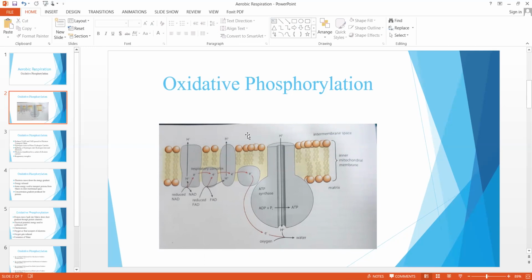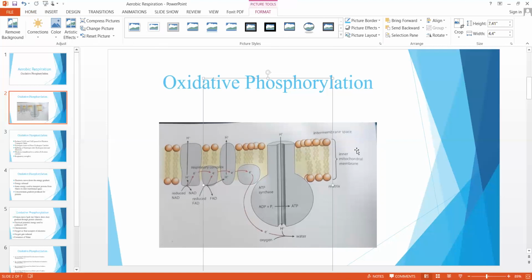Now, these protons move back into the matrix of mitochondrion through this transmembrane protein. Remember that this transmembrane protein is not part of the respiratory complex, okay? It is separate.